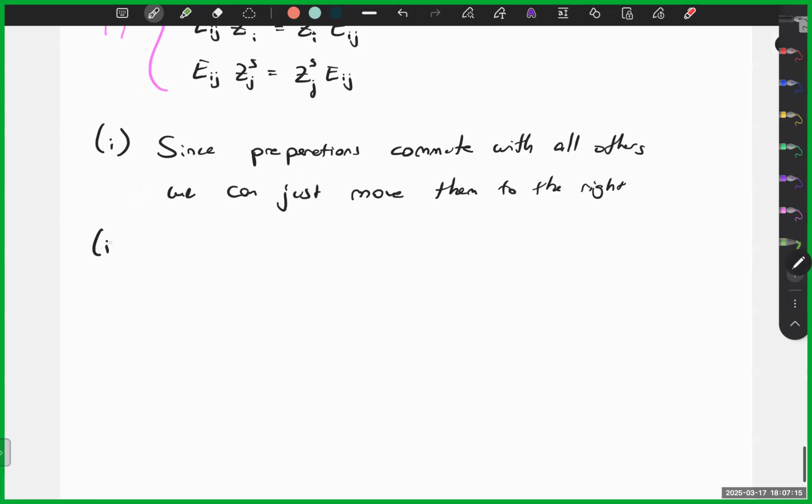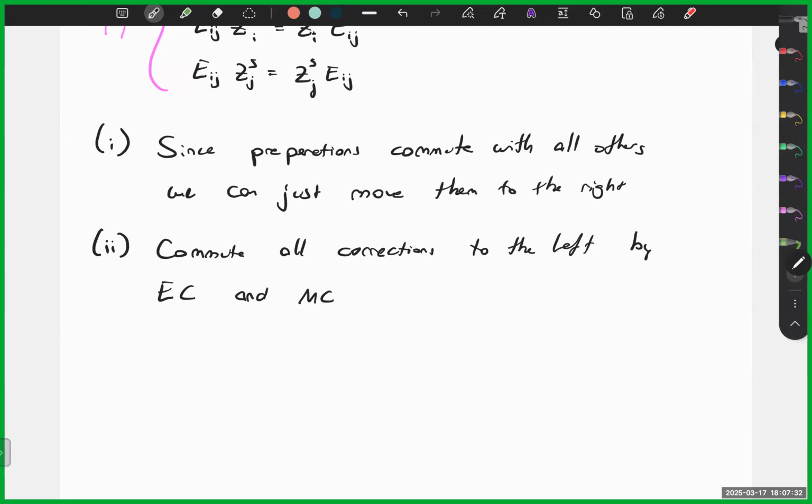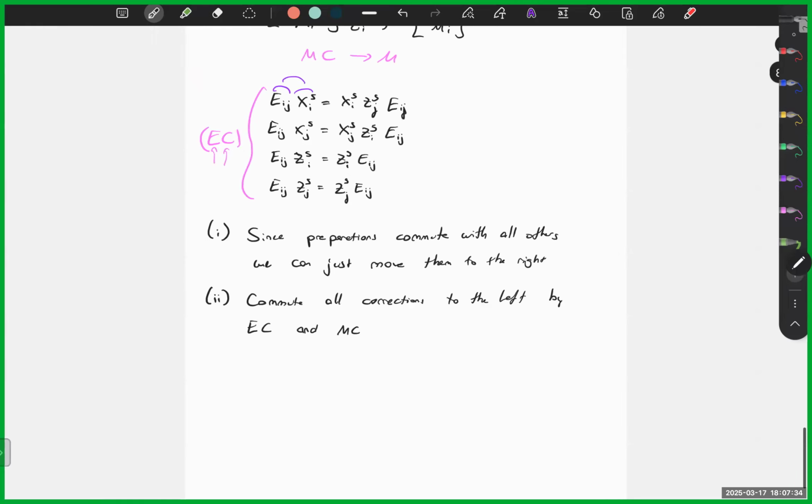And also, for second, we can commute all corrections to the left by EC and MC. Because now, after the first one, we are in a situation that corrections appear in between entanglement and measurement operations.